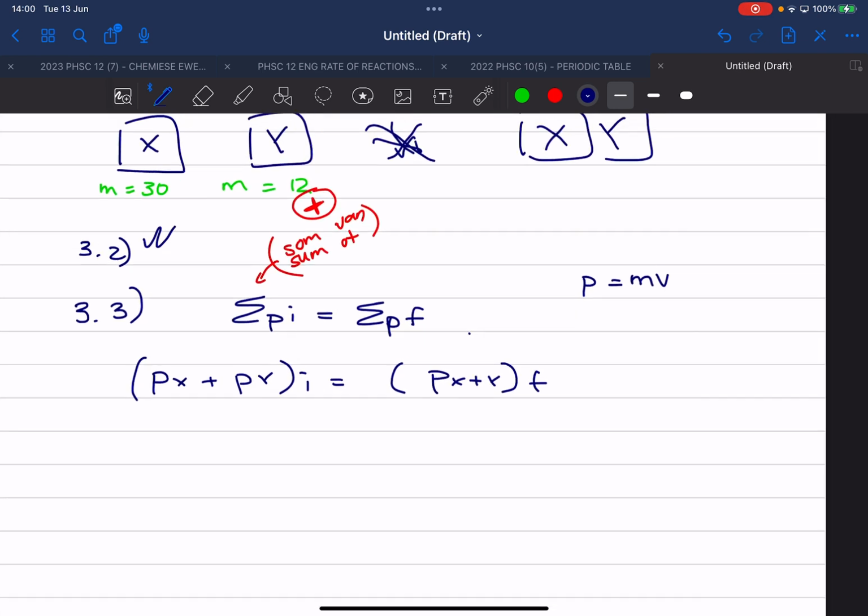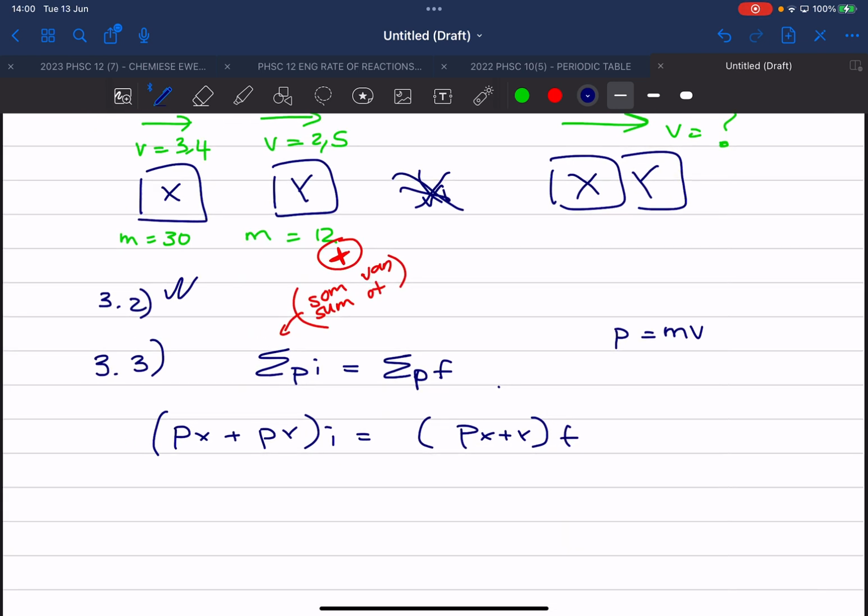Okay. So momentum is mass times velocity. Hierdie ene is 30, sy snelheid was 3.4 plus 12 maal 2.5. And afterwards it's 30 plus 12, their masses together, and then we want their final velocity.